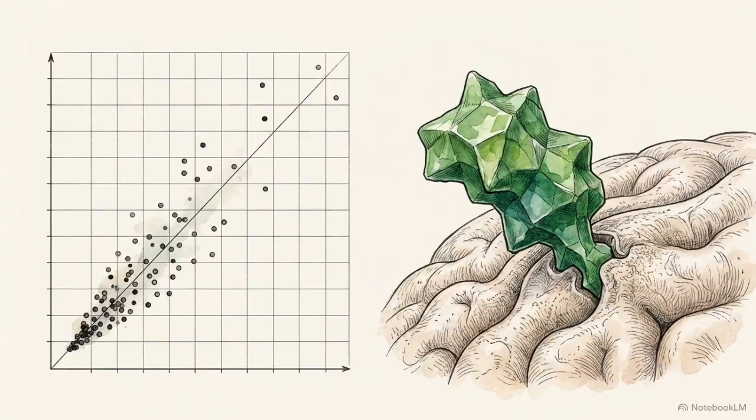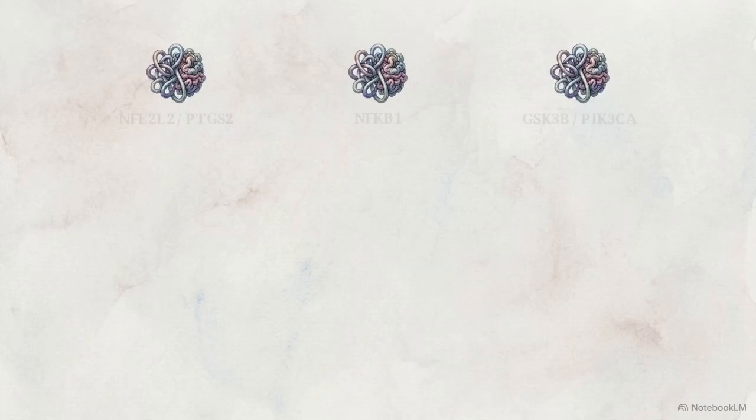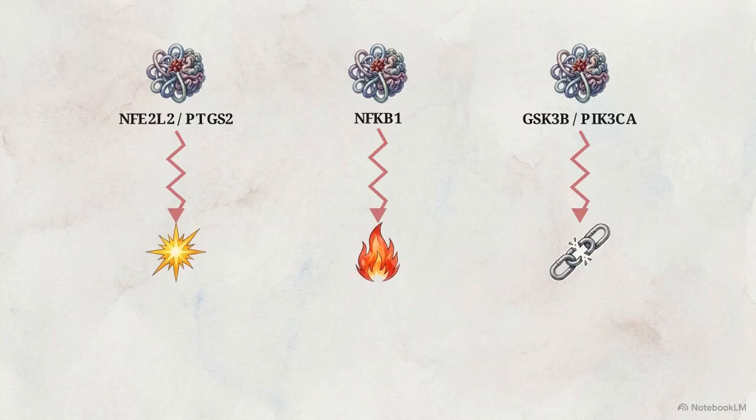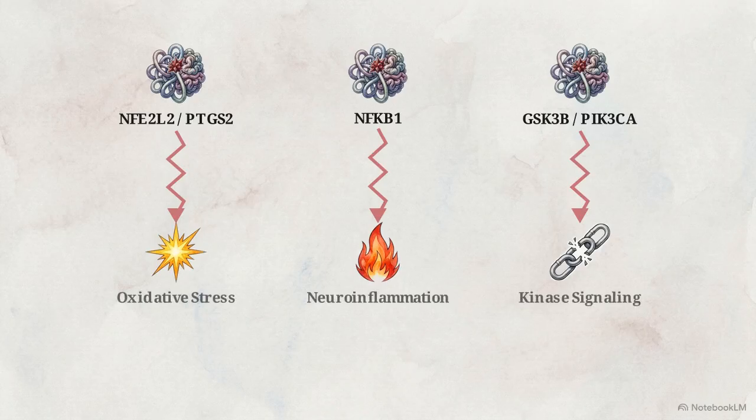The pipeline uncovers a highly specific biological sequence. When 6PPD-Q crosses into the brain, it bypasses random tissue damage and slots directly into key regulatory nodes. This physical binding triggers a 3-pronged mechanical failure: the induction of severe oxidative stress, the activation of a runaway neuroinflammatory cascade driven by NFKB1, and the targeted disruption of kinase signaling networks.